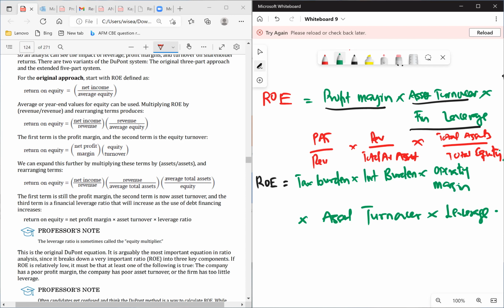So the lower the tax burden, what will cause the tax burden to be low? What is the tax burden? Tax burden is equal to the earnings, or let's just say profit after tax, divided by your profit before tax.